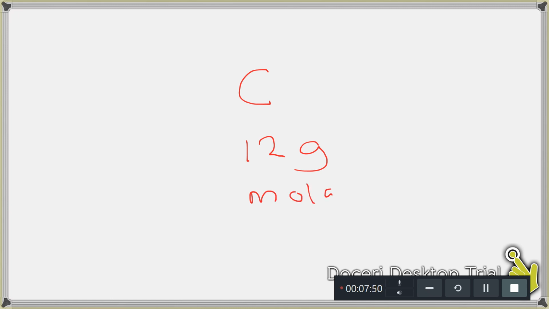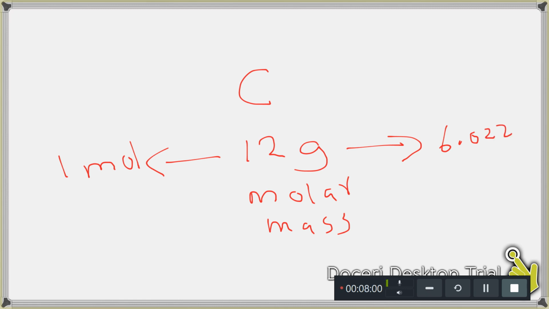Let's take carbon. I have carbon, which is 12 grams, this is the molar mass. That is 1 mole. How many atoms? 6.022 into 10 to the power 23.